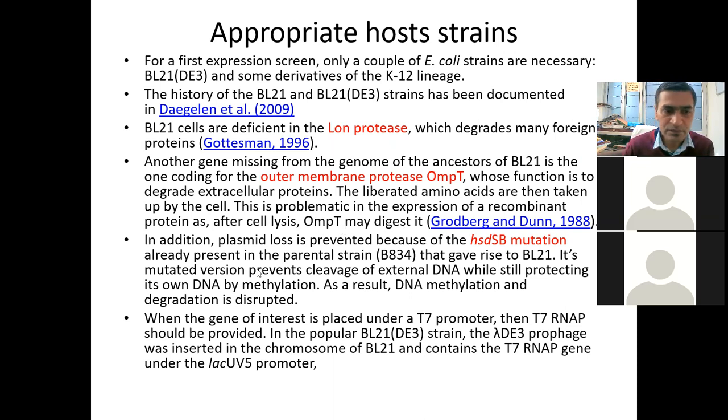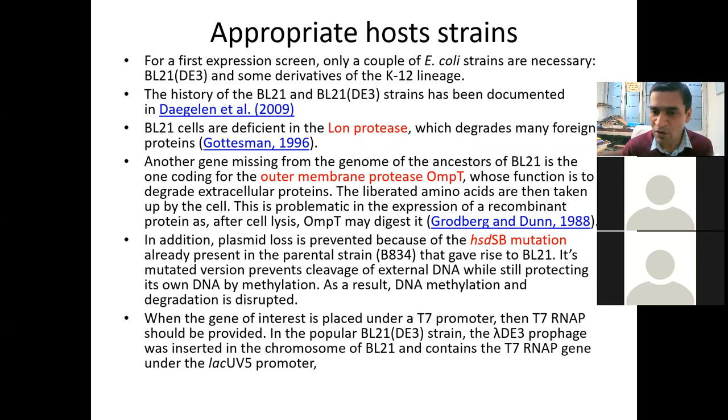Very clear. In addition, plasmid loss is prevented because, again, there are certain hosts, E. coli, which are able to degrade your DNA. DNA will be chopped off. So if my plasmid DNA is chopped off, then how can I expect expression of protein from my plasmid? You know that almost all the bacteria, E. coli, have a mechanism of restriction digestion. So any foreign DNA that comes will be chopped off.